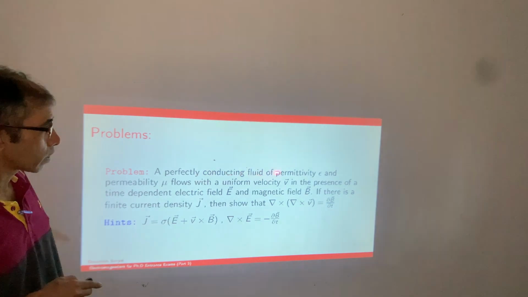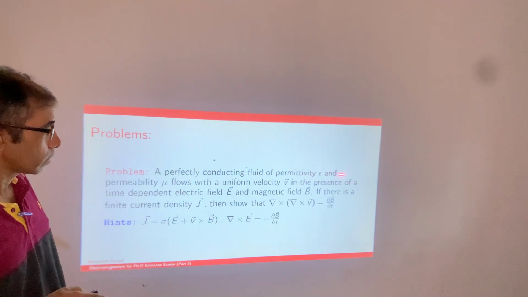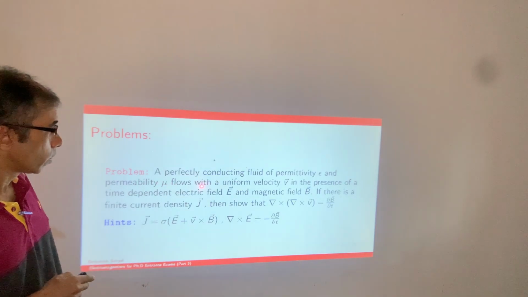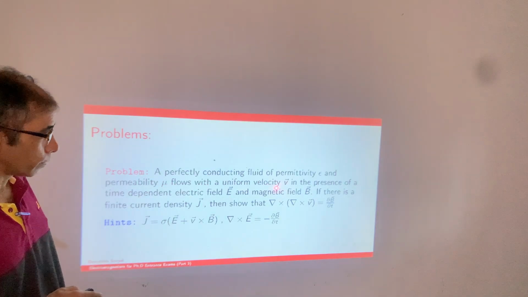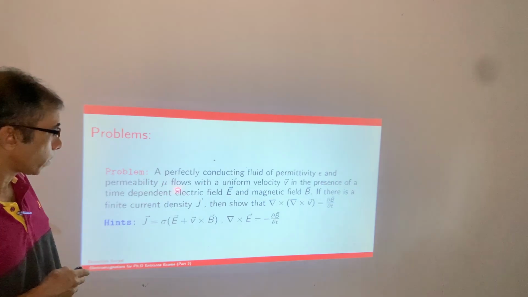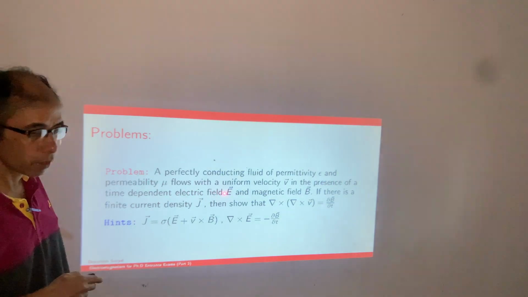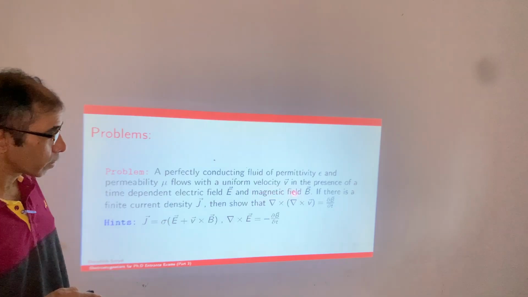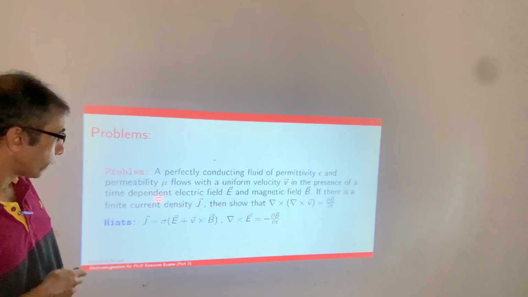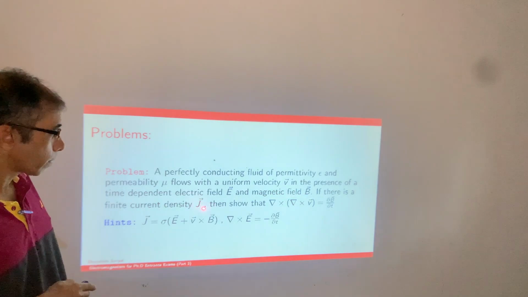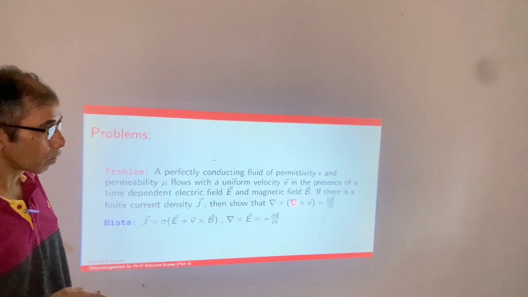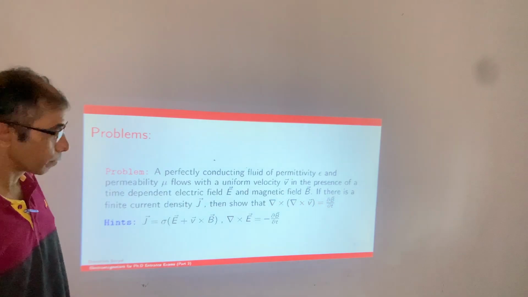A perfectly conducting fluid of permittivity epsilon and permeability mu flows with a uniform velocity v in the presence of a time-dependent electric field D and magnetic field B. If there is a finite current density J, then show that curl of E is equal to minus del B del t.